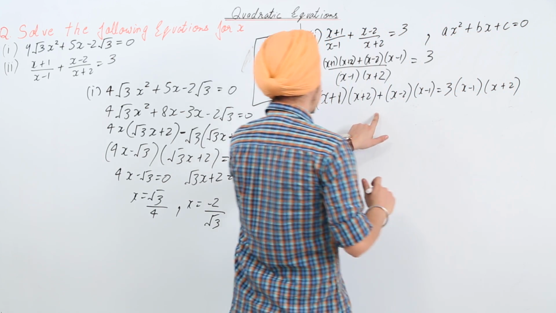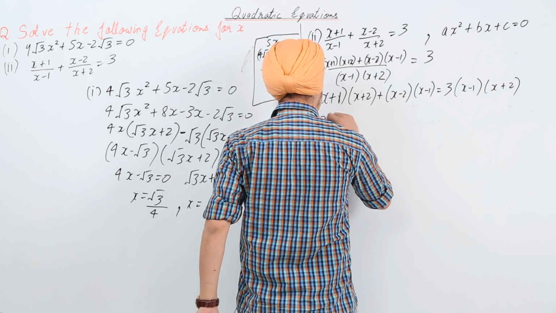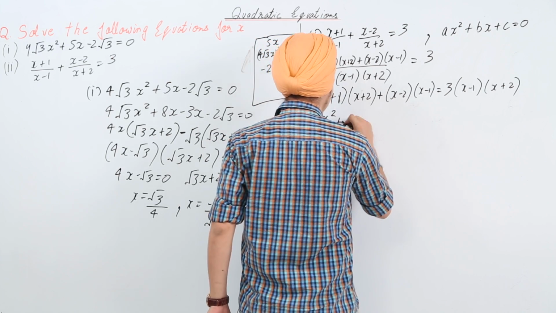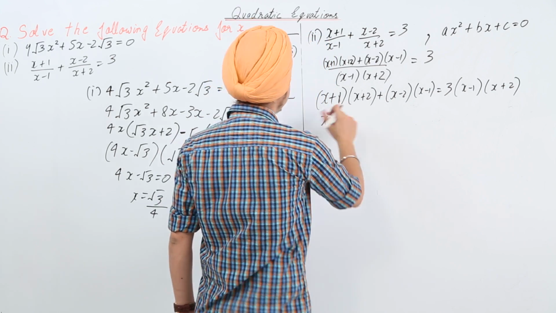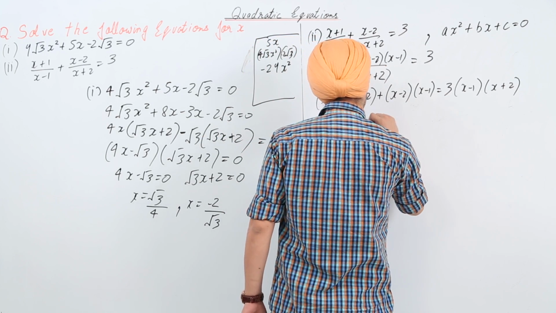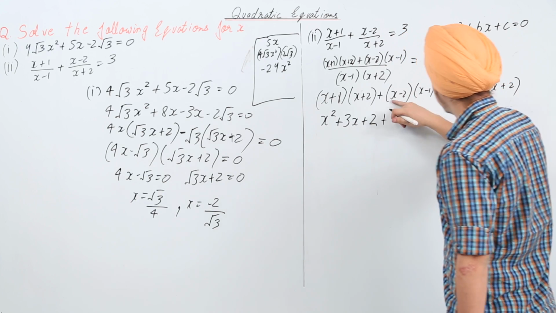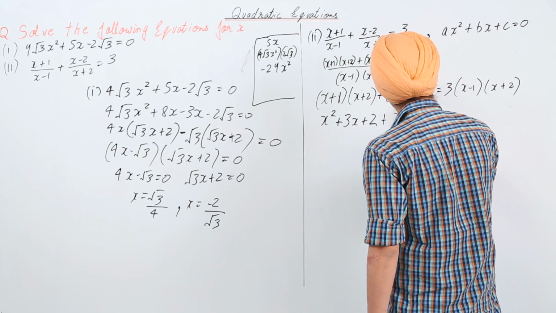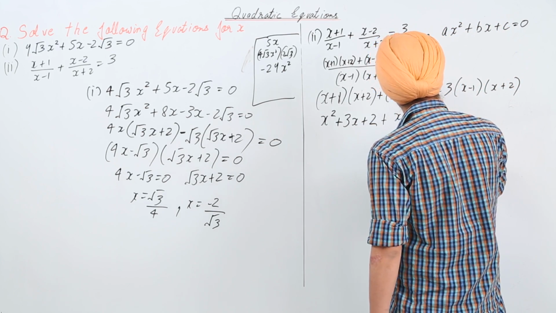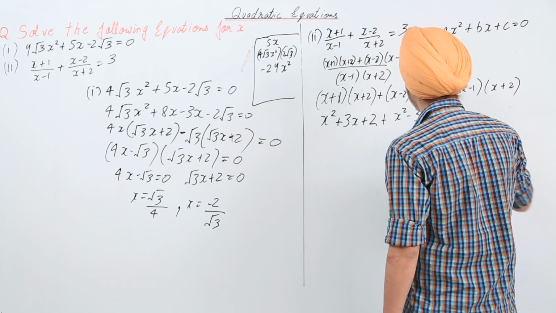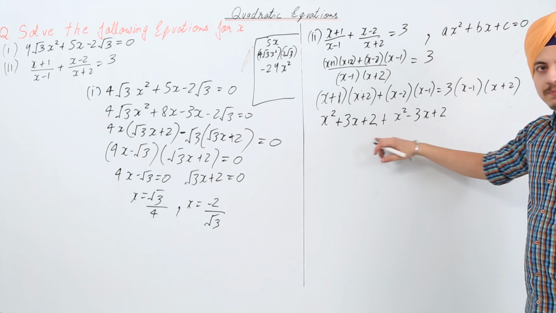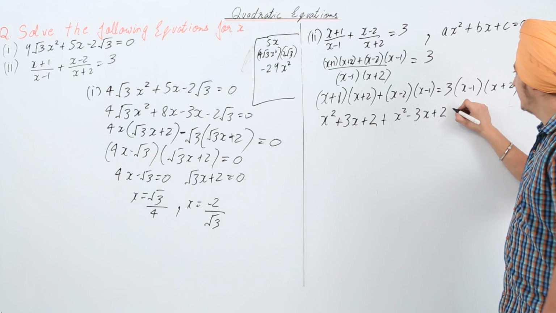Now these two terms will come out to be equal to x² + 3x + 2. Okay, this term will come out to be equal to x² - 3x + 2. These are very simple calculations, you can do these yourself.